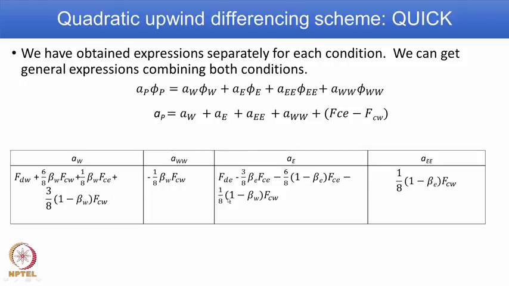Now, in this expression, if you look carefully, beta is one new variable introduced, because we have flow coming from left to right as one case and flow coming from right to left as another case. So, when you are writing a program, when you are incorporating this QUICK scheme inside your code, the code should automatically detect the direction of the flow and switch accordingly.